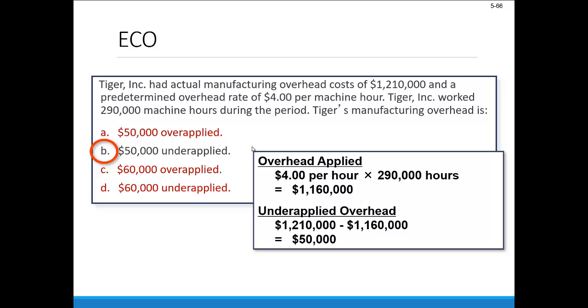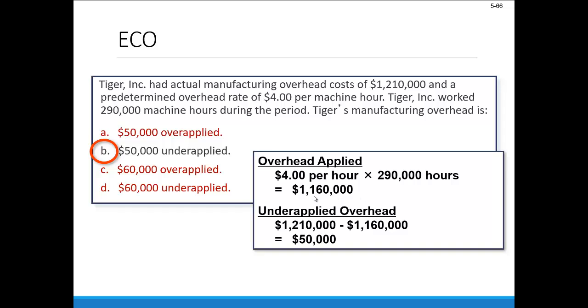So remember, for over or under applied overhead, we want to compare applied overhead to actual overhead. Don't care about the estimated overhead anymore, even though we didn't have it here anyway. Overhead applied for this period is our predetermined rate of $4 per machine hour times the actual number of machine hours worked this period of 290,000, which gives me applied overhead of $1,160,000.